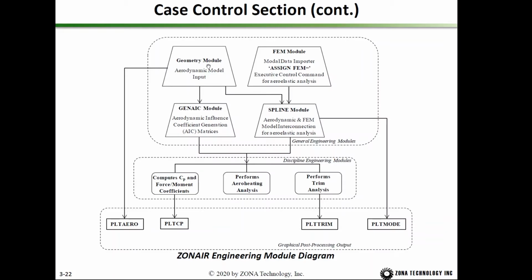You can look at the structure panel model using the PLOT ERROR card, and then ZONAIR computes the CP and the aerodynamic force and moment coefficients, and you can use the PLOT CP card to look at the CP distribution. ZONAIR can perform the aeroheating analysis, and you can perform trim analysis.